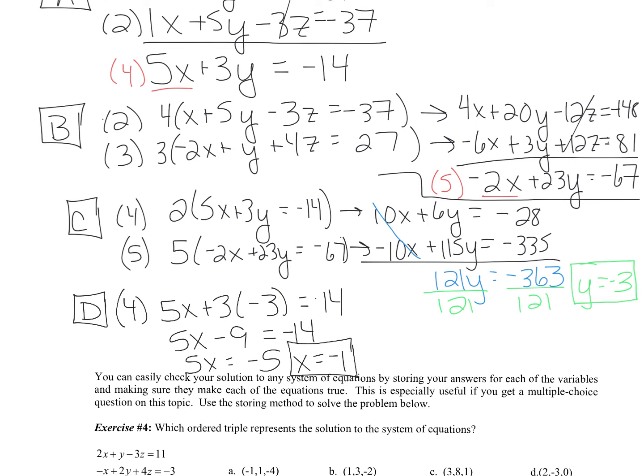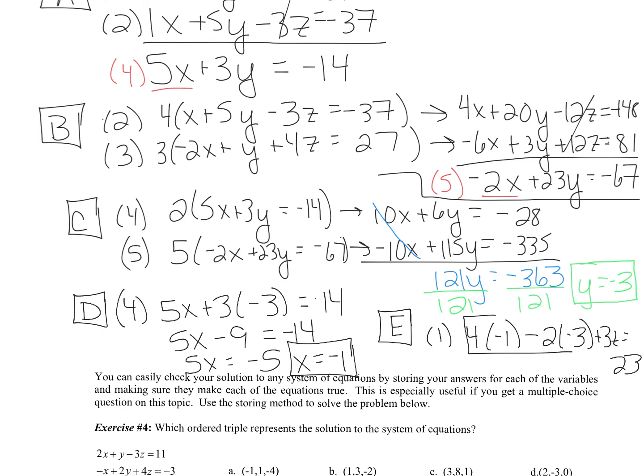Step E, I'm going to choose equation 1. So that's 4 times x, so 4 times negative 1, minus 2 times negative 3, plus 3z equals 23. A little crunched for space here. So this is 4 times negative 1 is negative 4, plus 6.